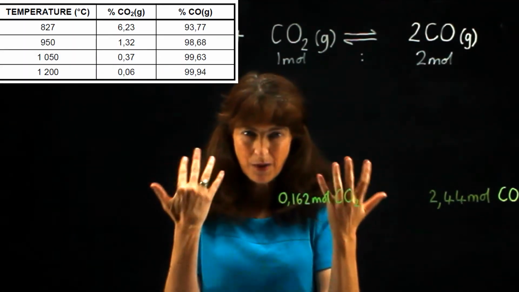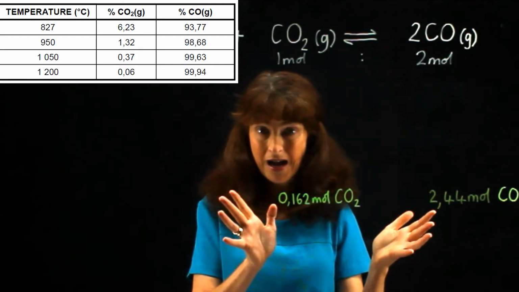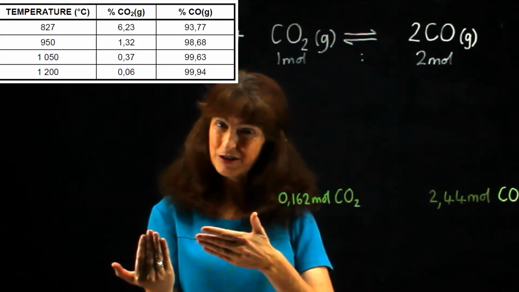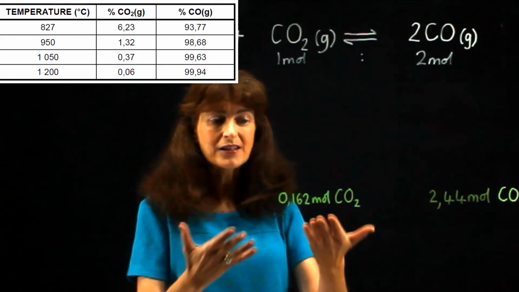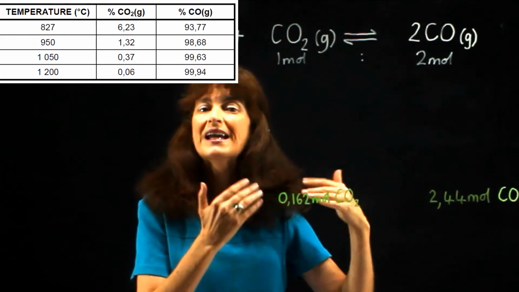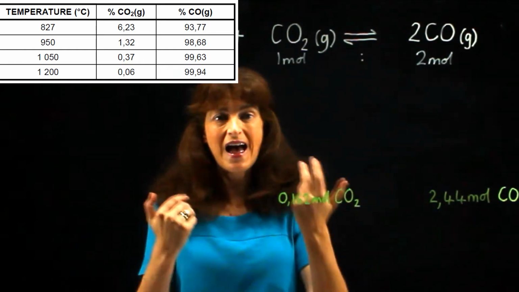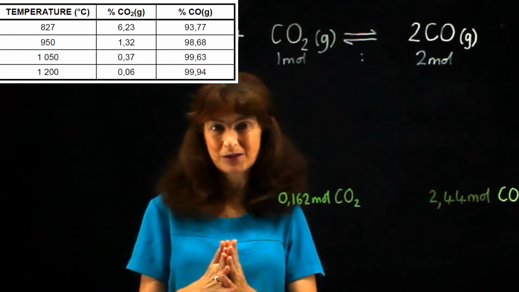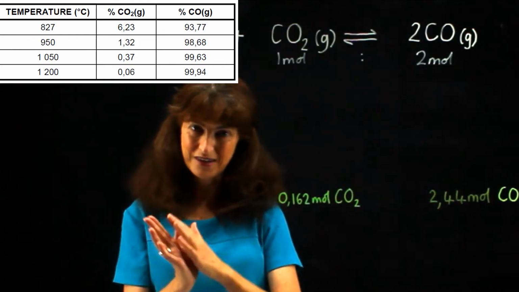So it makes it just by eye difficult to figure out which of the temperatures this corresponds to. So all we need to do is convert this also into percentage as the data in the table is. And then we will very easily be able to see where this fits within the table.